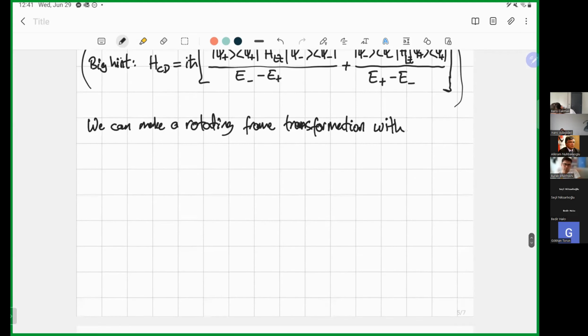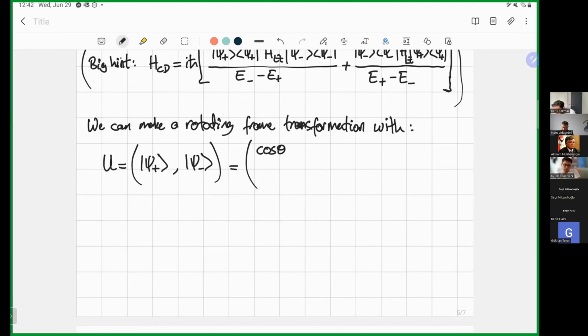The unitary operator U that you are going to use is basically the psi plus vector itself. Remember, psi plus is a vector, and psi minus. So this would give you the following 2 by 2 matrix.